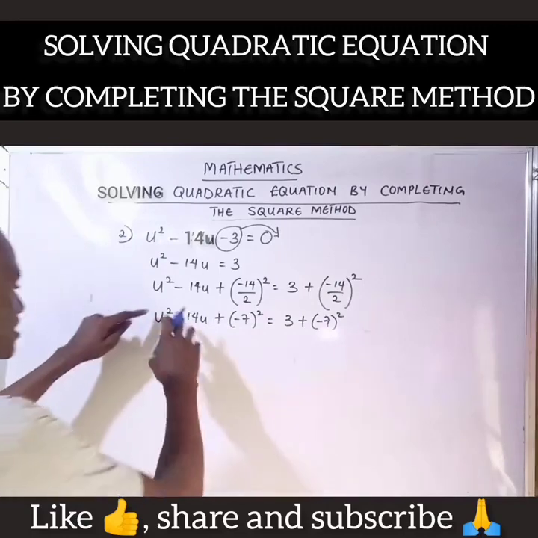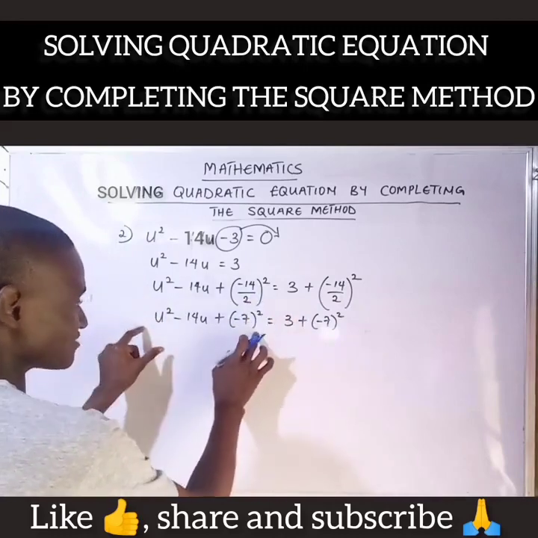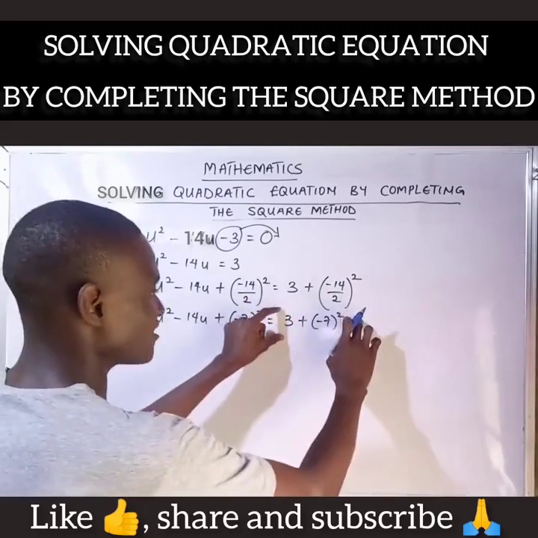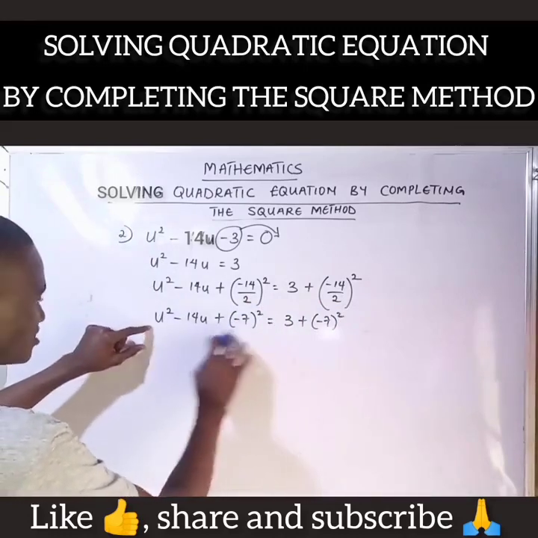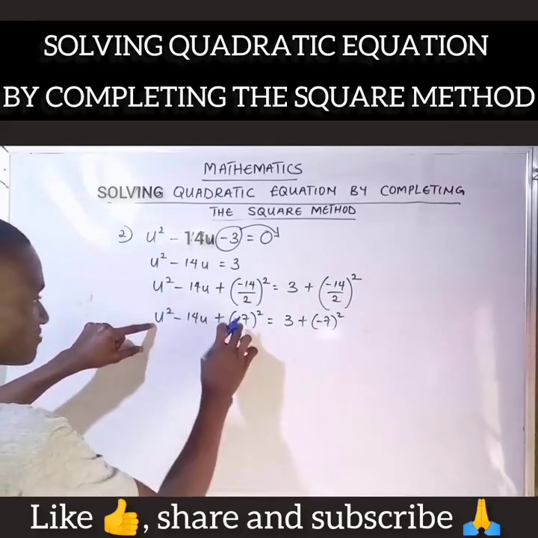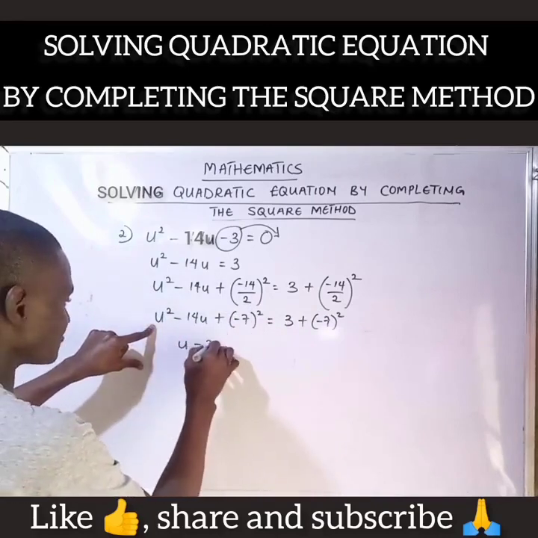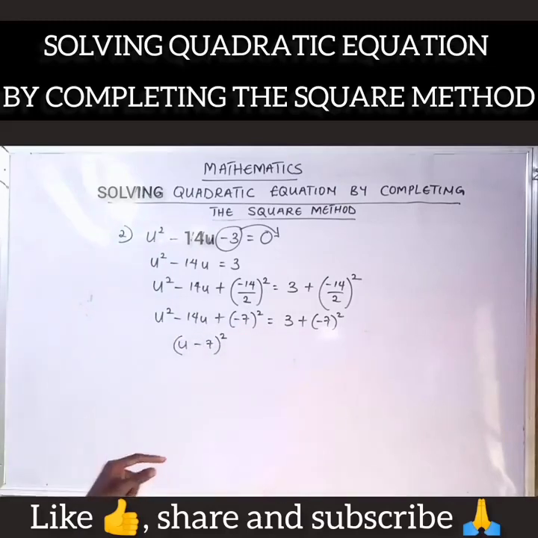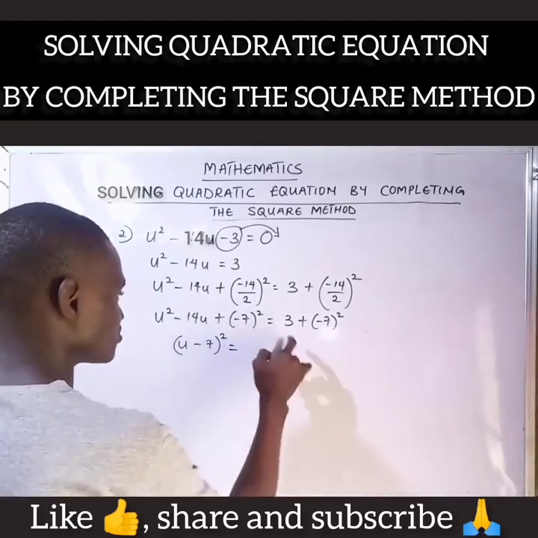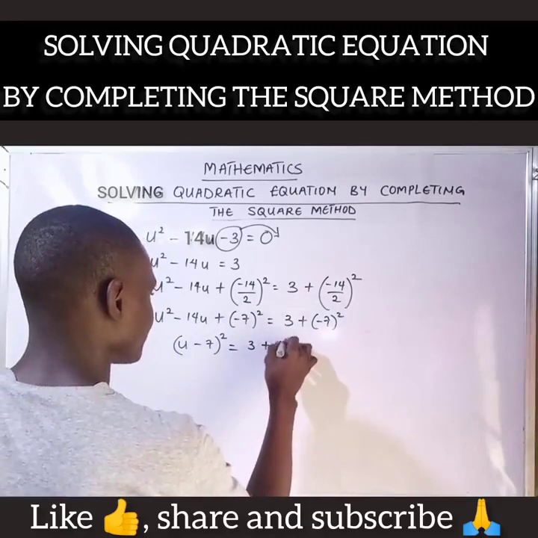Now, the next thing I want to do once I've gotten to this level is to factorize my left hand side and simplify the right hand side. I told you how to do this. I said you can see u squared and minus 14u. Write this u and write this negative 7 and put your square on top. You have factorized it, which is equal to 3 plus the square of this, which is 49.